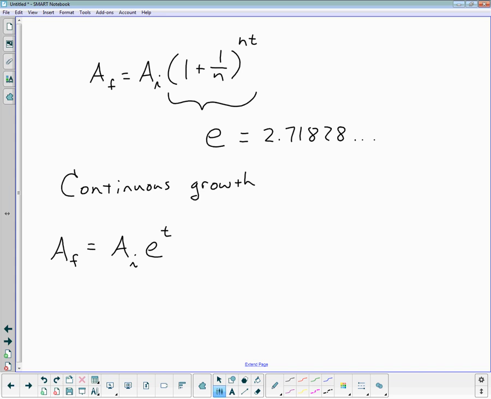Now, sometimes things aren't growing as fast as they possibly could. Like there are other factors involved. For example, bacteria growth uses a formula like this. Things like radioactive decay happen all the time.